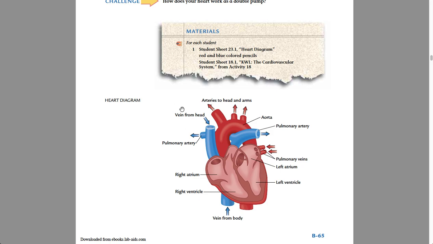And then this is where deoxygenated blood lets out the carbon dioxide, picks up oxygen, returns back through the pulmonary veins into the left atrium, down to the left ventricle, and is pumped up through this valve right here, this opening, and into the aorta, where this goes to the different parts of the body. Okay?